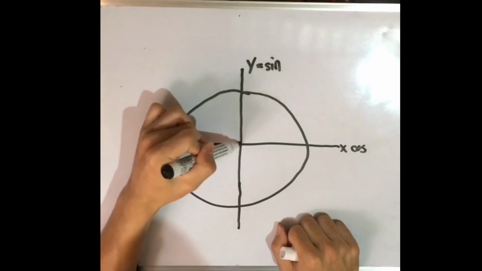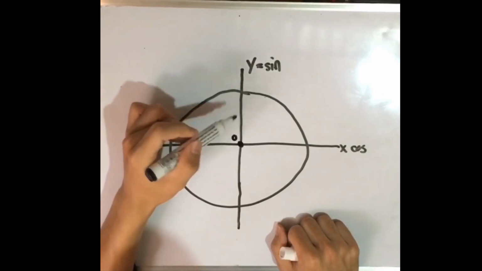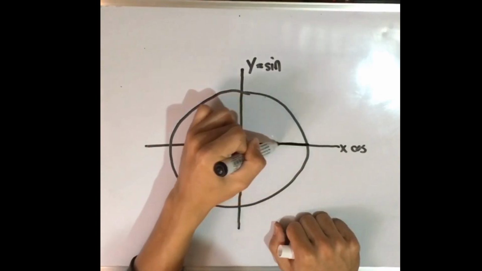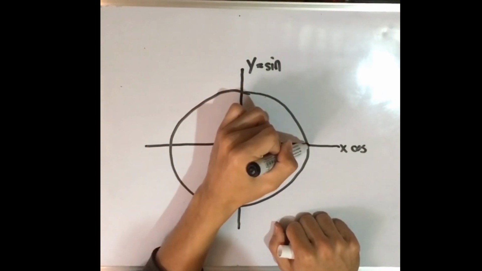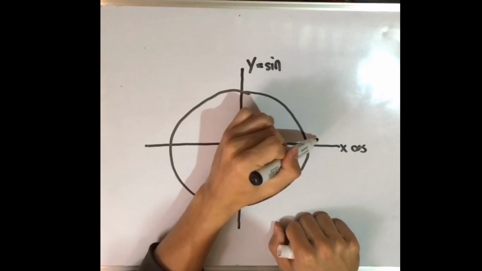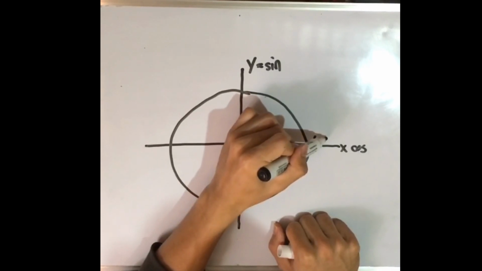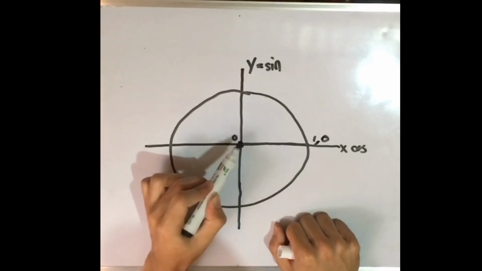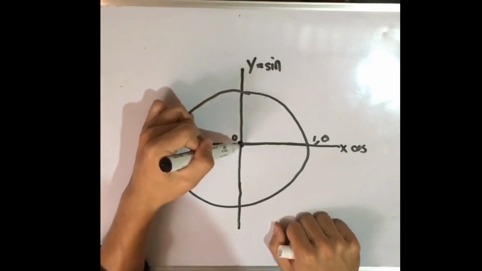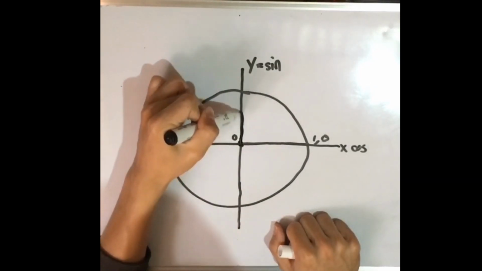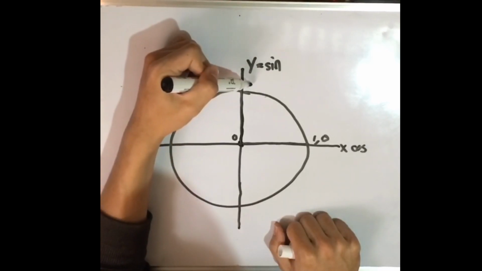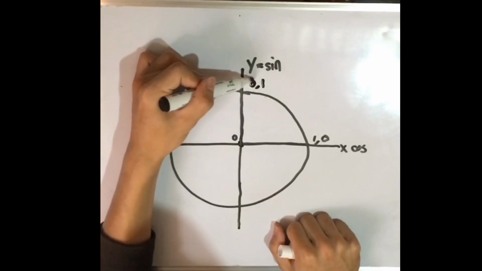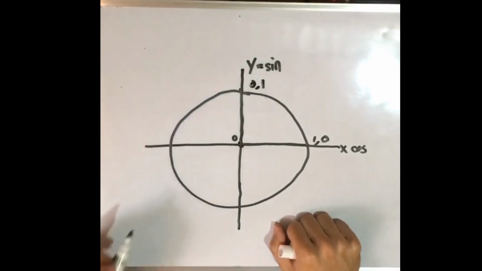So this center is 0, and if we travel from the center to the edge of the circle on the cosine axis, it becomes (1, 0), since we only travel along the cosine. If we travel along the sine, it becomes (0, 1), since the cosine is 0. This is the cosine and this is the sine.